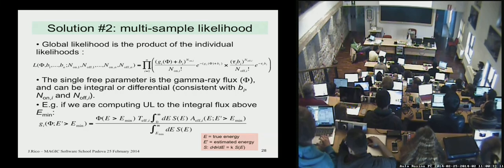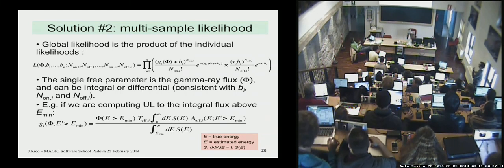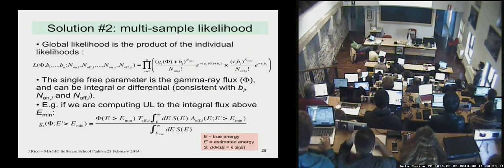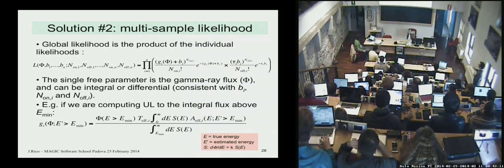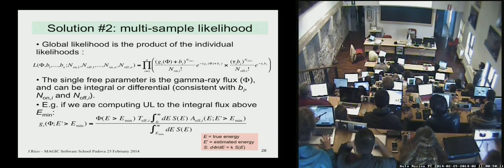From this physical quantity, you can determine the number of gamma rays in each of the individual samples. For example, if we are computing an upper limit to the integral flux, then the value of G corresponding to that integral flux would be given by this expression.